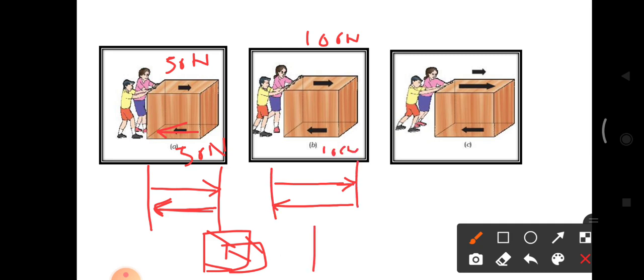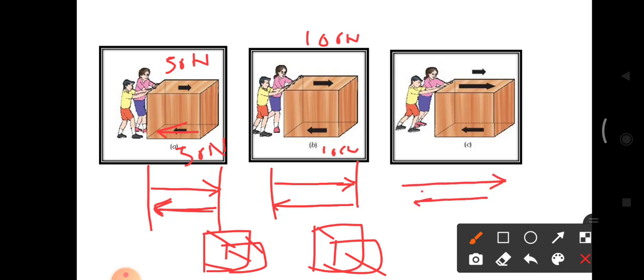So there is no movement in the box. In the third one, the applied force is greater than the frictional force. When the applied force is greater than the frictional force, the object will move. So in the third case, the box will move.